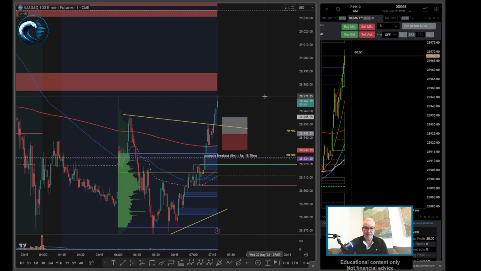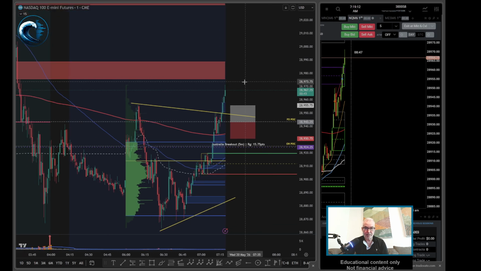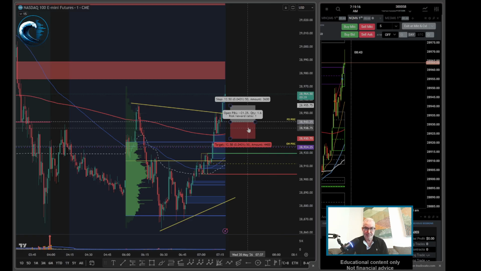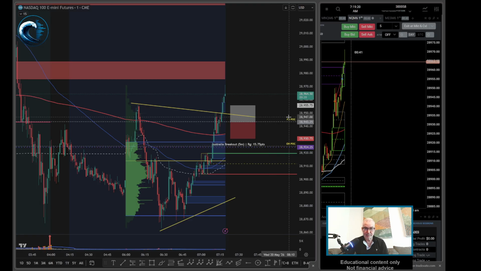I'm not going to trade it, but I suspect we might come down and maybe test down here. And to be honest, I'll probably look at trading, I might do another long off here. But again, because they're stacked, these two close together, 13 points, 50 ticks, I'll probably look at the reaction here.